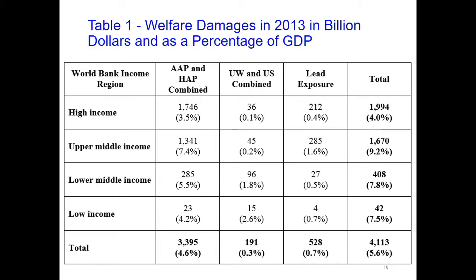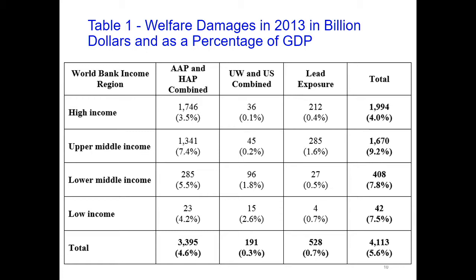As you go down the first column, the numbers in absolute terms for the damages in upper middle and low income countries go down in dollar terms. After all, the VSL is lower in those countries. But when you look at the damages as a percentage of GDP, which reflects the fact that there are a lot of people dying from these risk factors, the percent of GDP is actually much larger than it is in high-income countries.